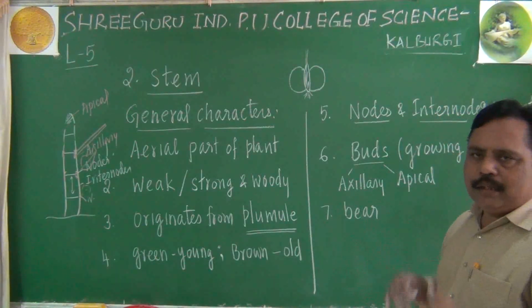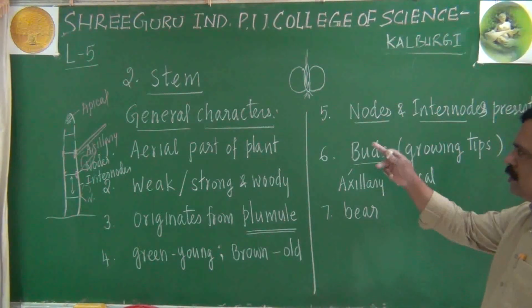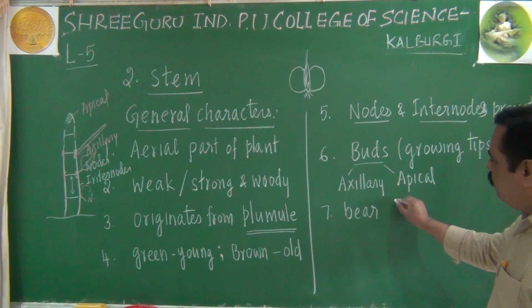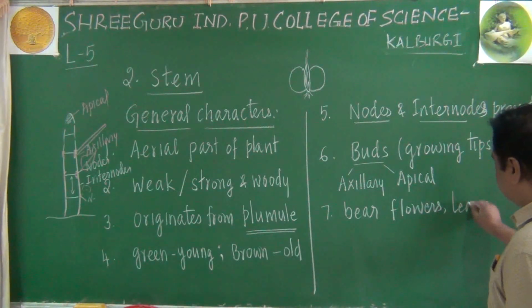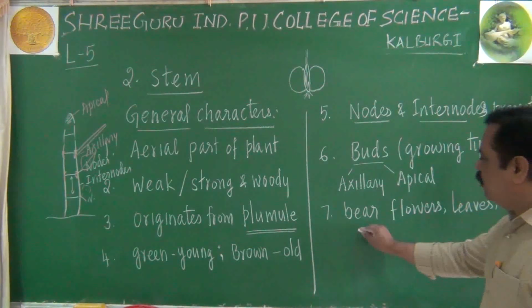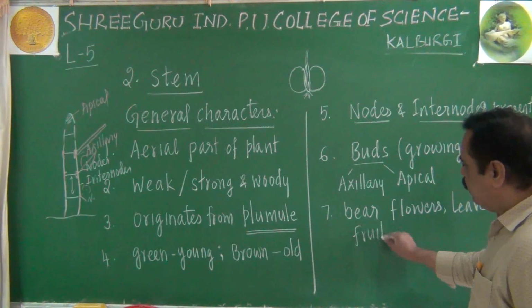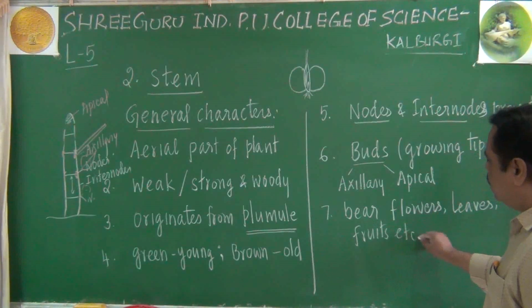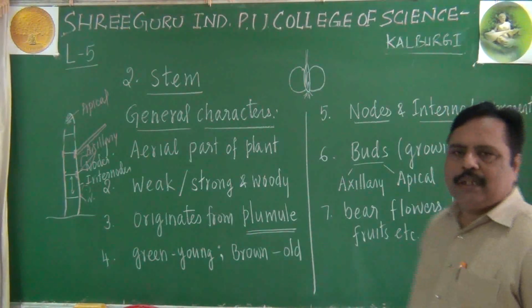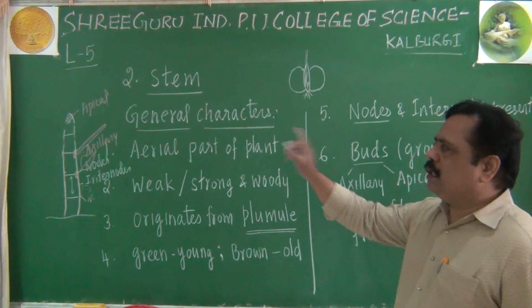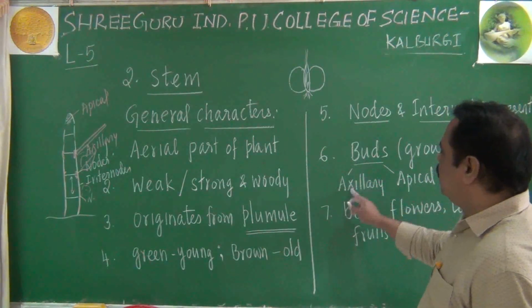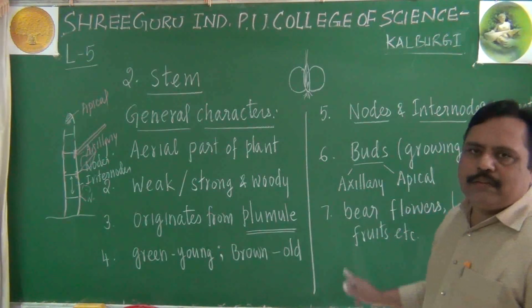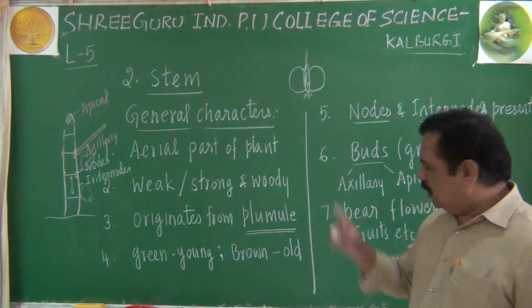Bear means having. This stem will bear flowers. They may bear leaves. They may bear fruits, etc. So flower, fruit, seed, otherwise leaves, etc. will be present on the stem also. That is another point. Because of the axillary bud, they will contain all these organs.